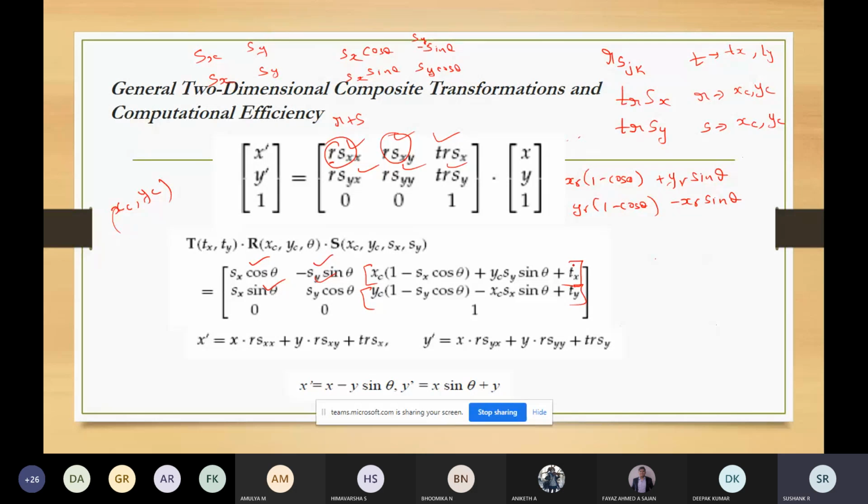Now don't worry about the translation, you just have to add it. Now we are rotating about the centroid xc.